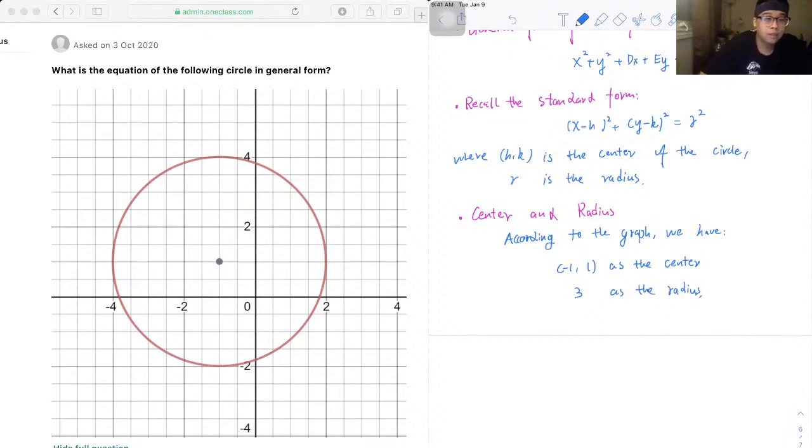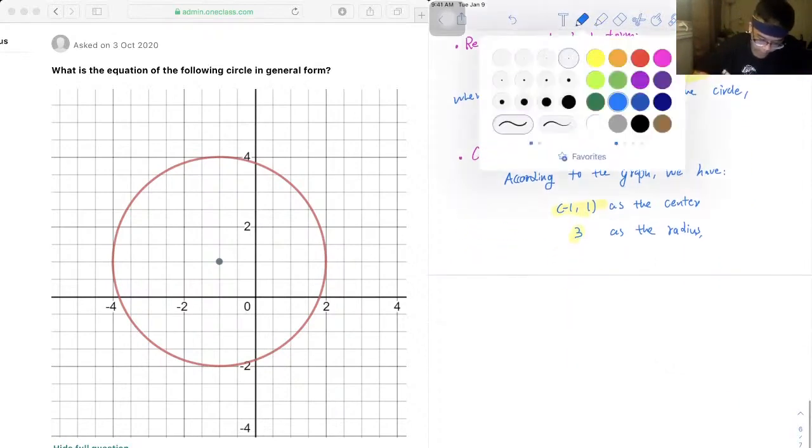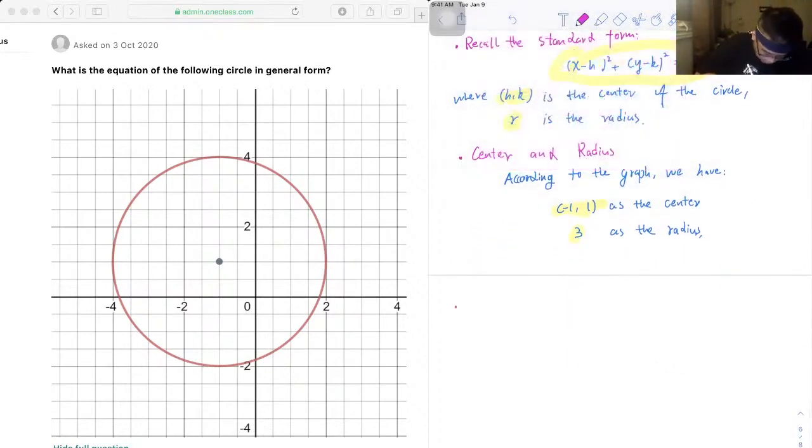Alright. So now, as you can see, we got our center, which is the (h, k), and we also got 3, which is our r. So we can substitute into the standard form.